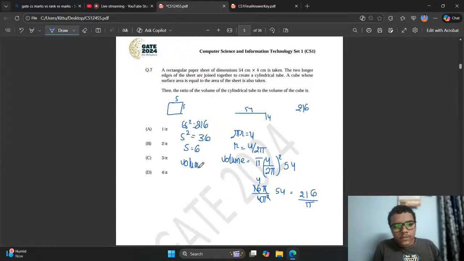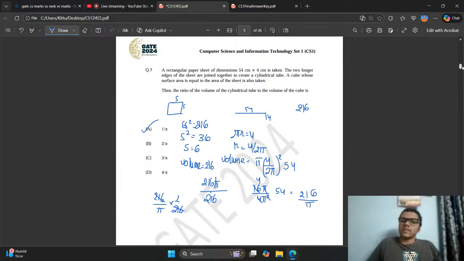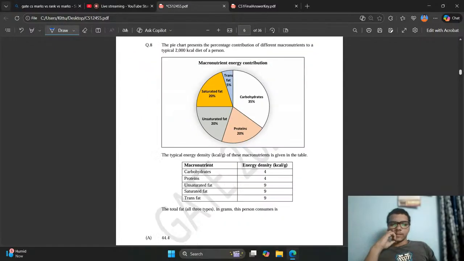So volume is 216 as well. So volume of the cylindrical tube over 216, it will be 1 by pi. So question 7 is yeah. Nice, that is 2 marks for reason. Nice.